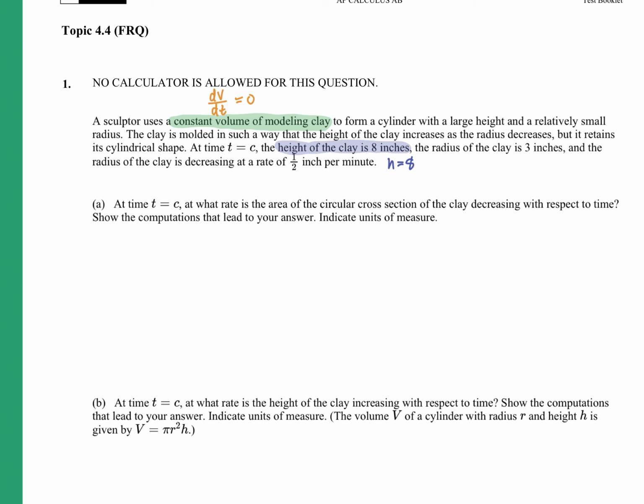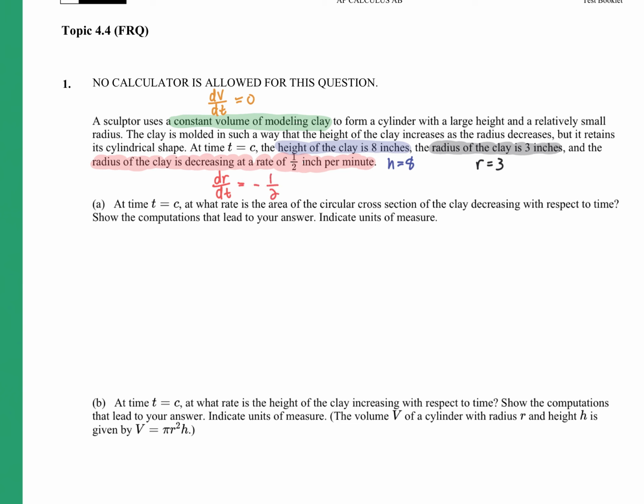And then they say the radius of the clay is 3 inches, so r equals 3. And the radius is decreasing at a rate of a ½ inch per minute. That means that dr/dt, the rate of change of the radius, is decreasing, so it's negative ½.